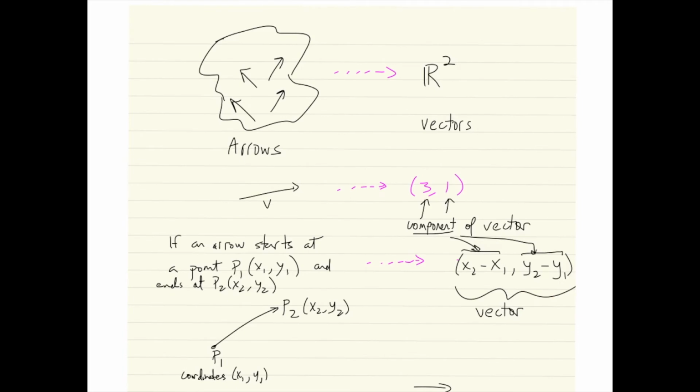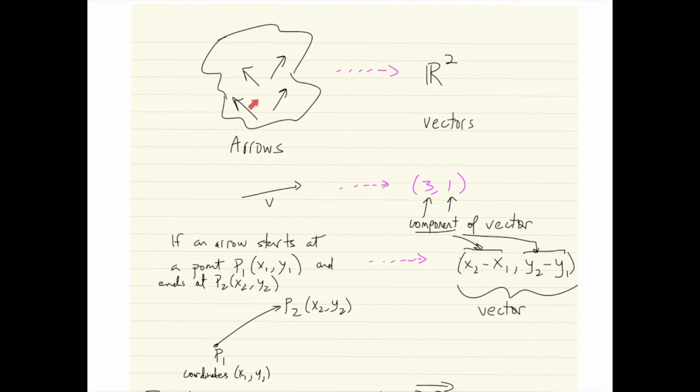So we have a bunch of arrows, and then we can simplify this by making an assignment to R2. To a vector v, we assign, in the particular example, just a pair of numbers, in the case of vectors in 2D, the 3, 1. And implicit in this is the vector that starts at 0, 0 and ends at 3, 1.